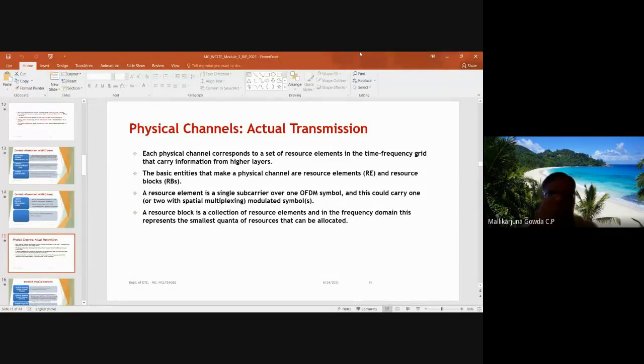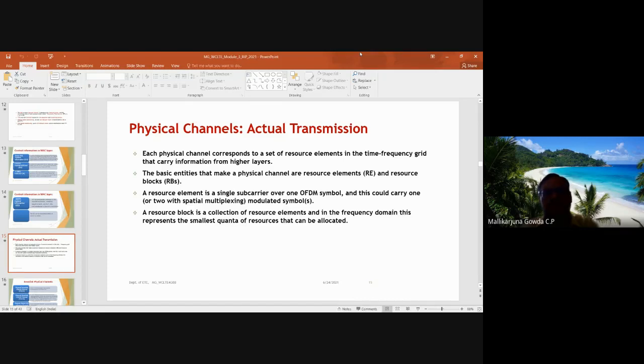As I said, 7 OFDM symbols with 12 subcarriers, which is 12 into 7, is 84 resource elements, and that will be one resource block, given to one user equipment.